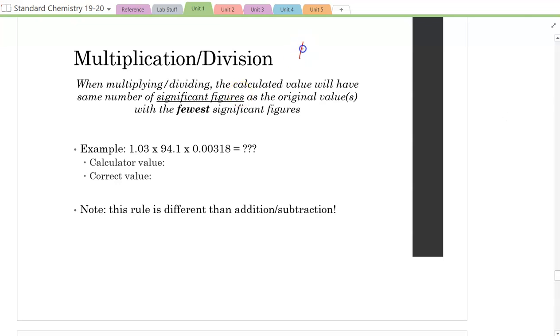That one is about precision, which is based on the fewest number of decimal places. This one is about significant figures. So this one we look at the number as a whole and then decide how many significant figures it has. So let's try this out with an example. 1.03, same numbers honestly as the previous example with the addition and subtraction.